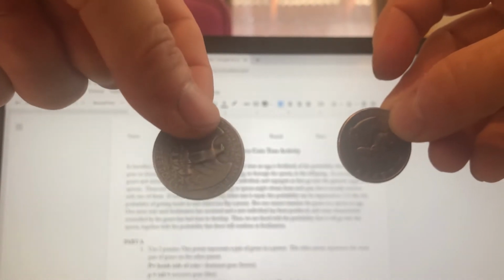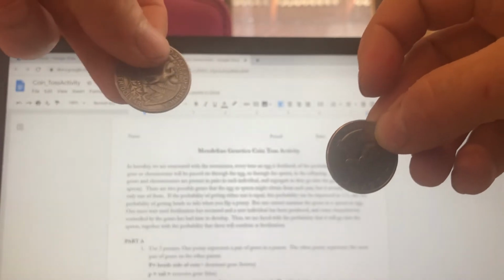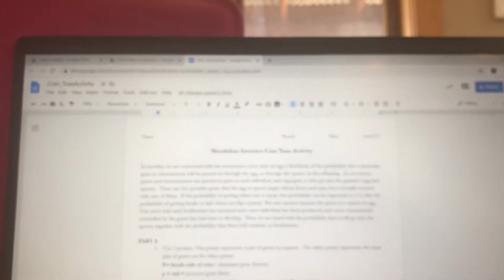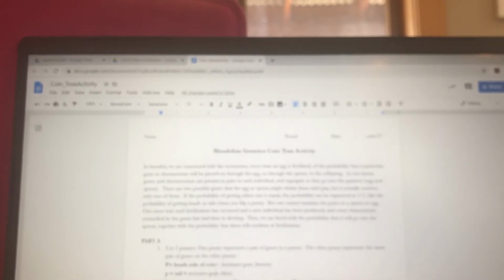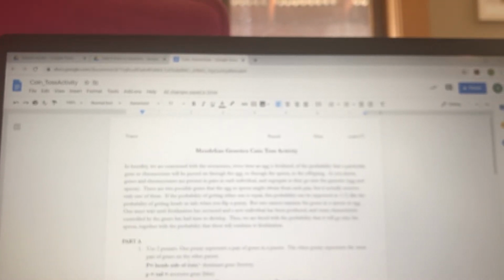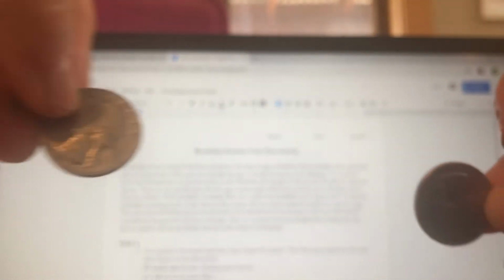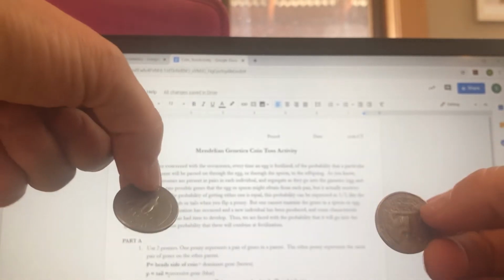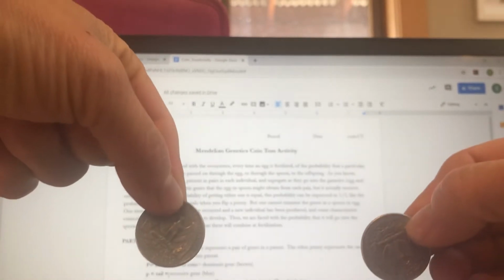Now, you have 2 options for the traits that they have. That's what this is showing you right here: every coin has a head side and a tail side. So this would represent a heterozygote. The head side would be the big P, and the tail side would be the little p.